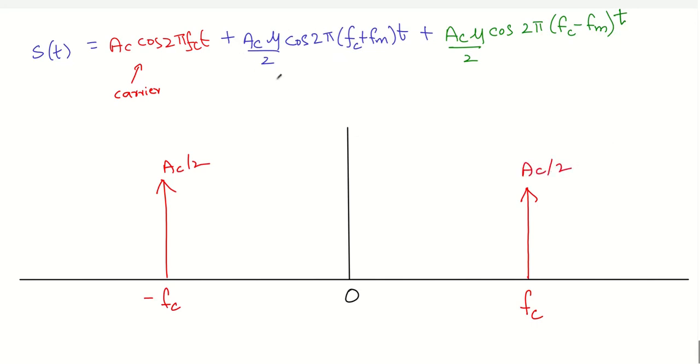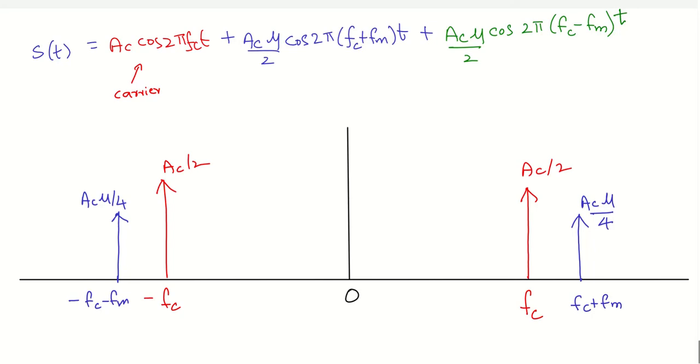And what about this component? What will its Fourier transform be? So now we have a cos component again, but now we have it at fc plus fm. So we are going to have a component at fc plus fm with the height Ac mu by 2 in the time domain. So again by half it becomes Ac mu by 4. And we have it on the left side as well at minus fc minus fm, height Ac mu by 4.